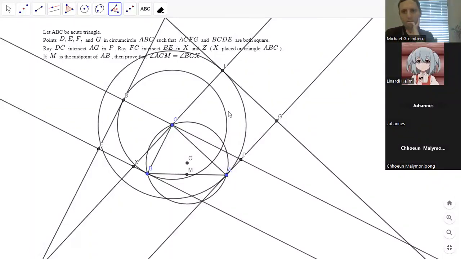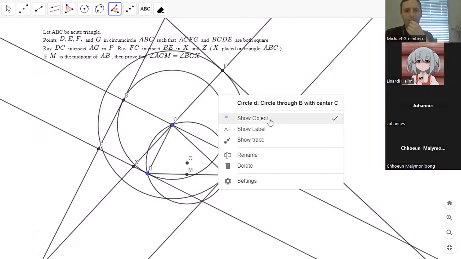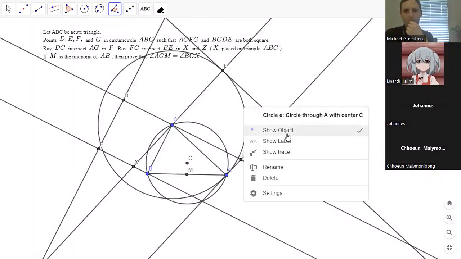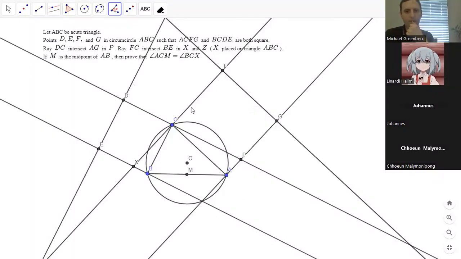Oh, DE and FG are outside of triangle ABC. So yeah, we drew them outside, they're not inside.